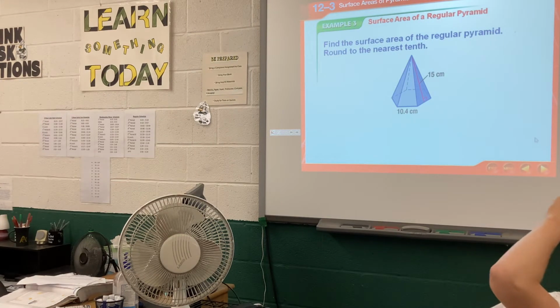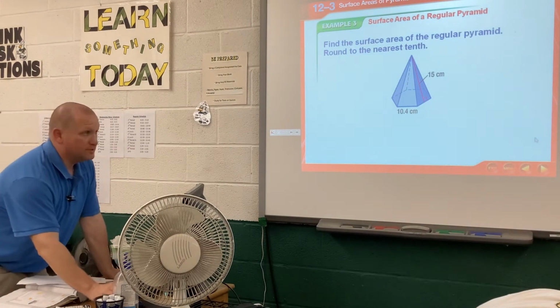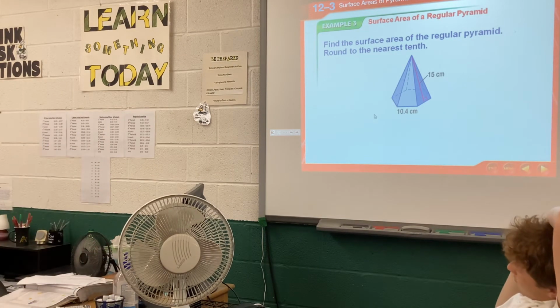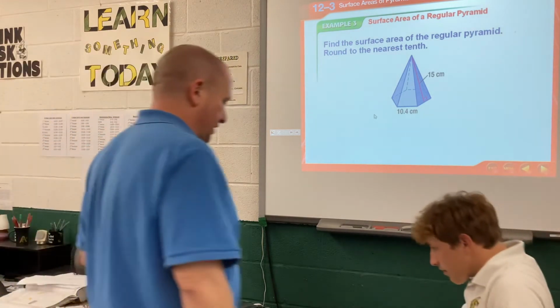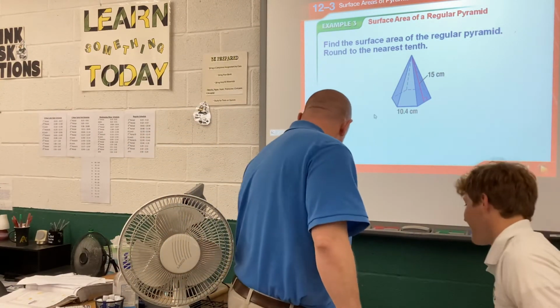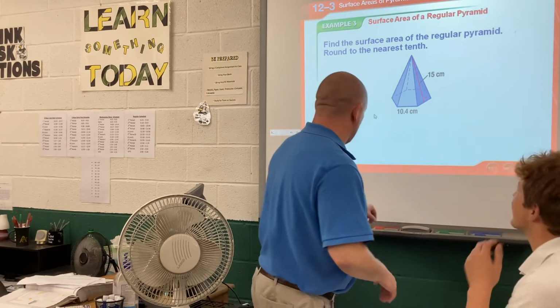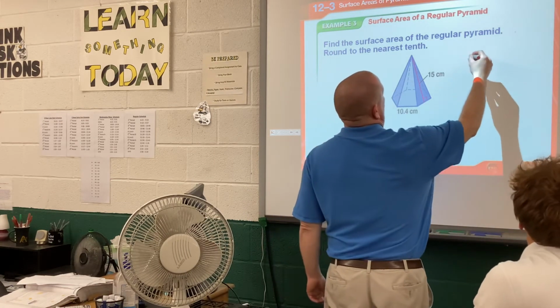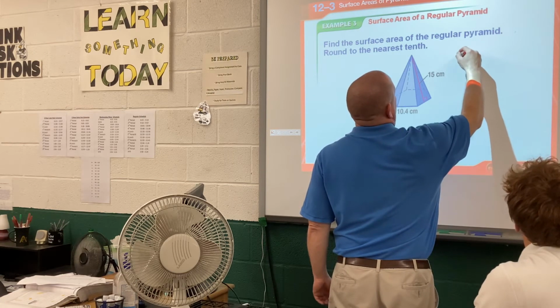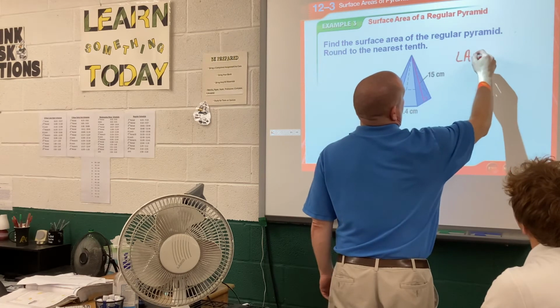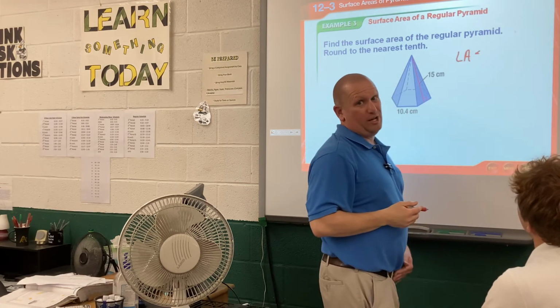You want to go through that whole problem? Yes? Okay, so if I'm going to do this problem right here, I learned that I can just write on this instead. So, what is my lateral area? They ask you for the surface area, but I still got to find the lateral area no matter what, right?